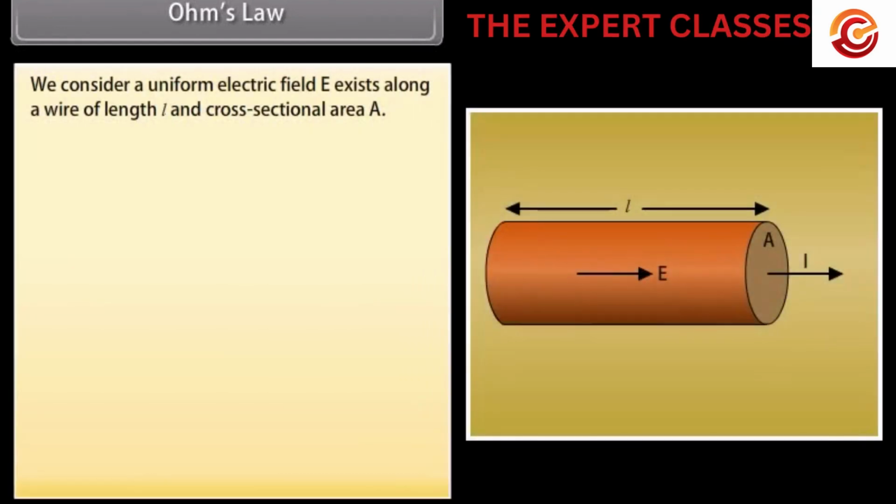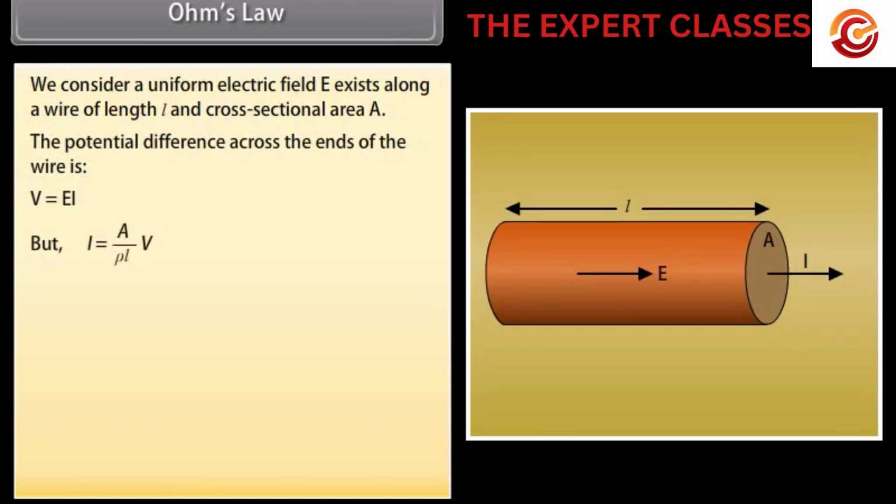We consider a uniform electric field E existing along a wire of length L and cross-sectional area A. The potential difference across the ends of the wire is given by V is equal to EL, but I is equal to A upon rho L multiplied by V, where rho is the resistivity of the material.